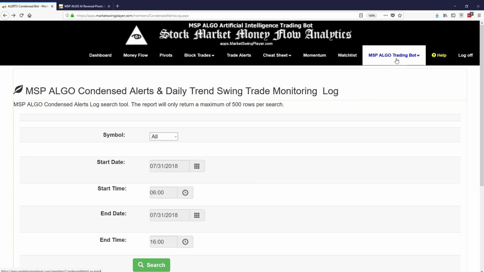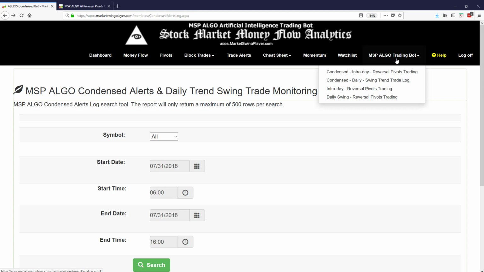Okay, now as you can see, we have the application here. I'm going to hit the MSP Algo Trading BOT, and we have what we call the condensed daily swing trend trade log.